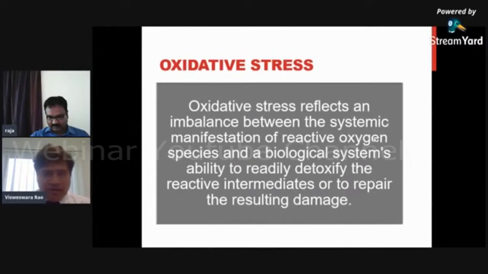That is why I have mentioned this slide as oxidative stress. It always reflects an imbalance. If everything is balanced, health is in a proper way, and life is also very happy. If something is up and something is down, in layman's language, something is wrong in the system.